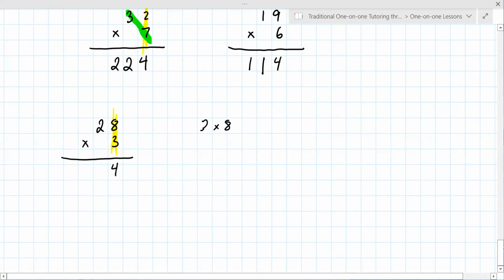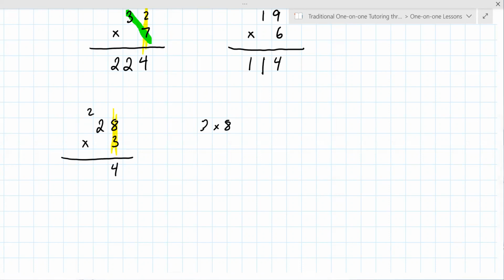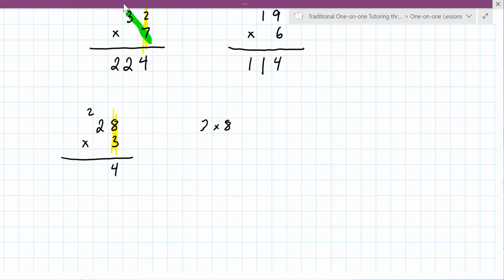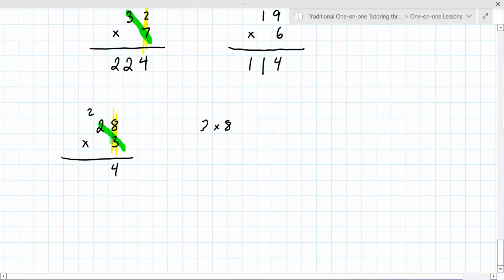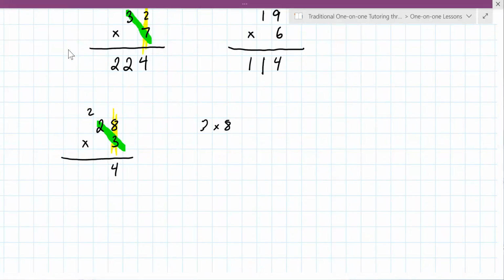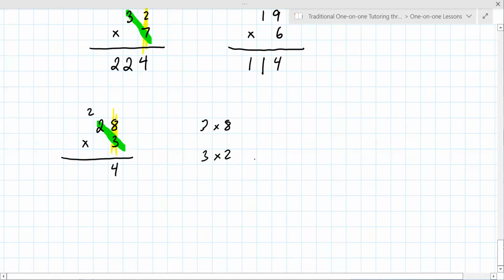So the 4 goes here with a carry of 2. Now you multiply diagonally. You multiply the 3 and the 2. So 3 times 2, but then you add the 2, that's the carry. It becomes 84.